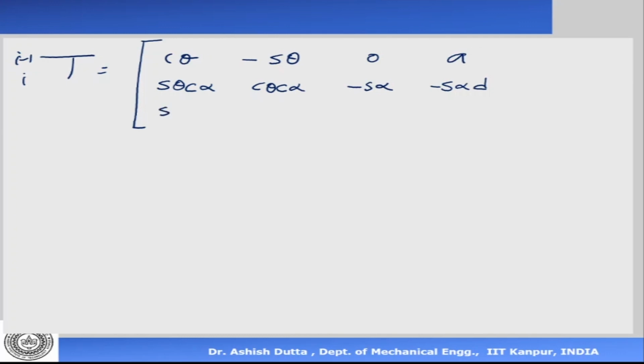Then we have sin theta sin alpha, cos theta sin alpha, and cos alpha, cos alpha into D, and 0 0 0 1.